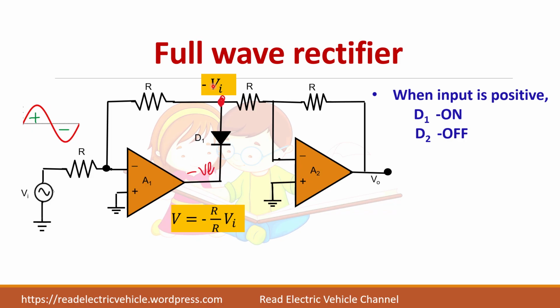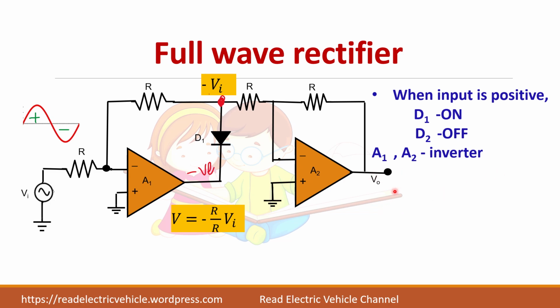So this is short, and I can write minus VI is the input for the A2 amplifier also, because here again it is in inverting mode. Feedback resistance is R, input resistance is R, and the input is minus VI for this particular op amp. So both A1 and A2 act in the inverting mode, or both act as inverters.